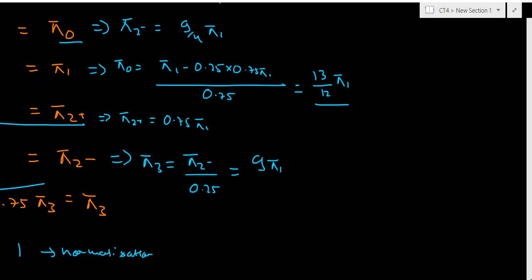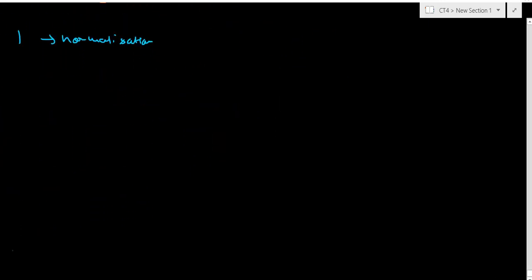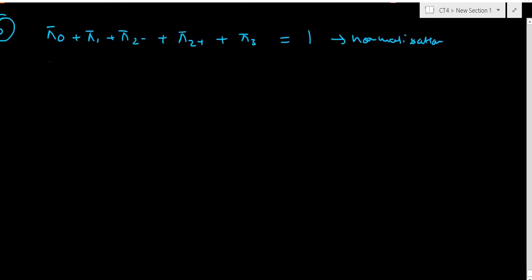Now I can use the normalization property to find my answer. I can add all of them up and equate them to 1. I'll write all of them in terms of pi 1. So pi 1 is 1 pi 1. Pi 0 is equal to 13 upon 12 pi 1. Then pi 2 minus can be written as 9 by 4 pi 1. Then pi 2 plus can be written as 0.75 pi 1.